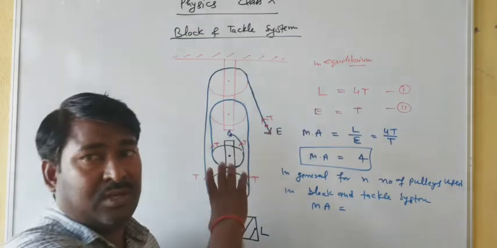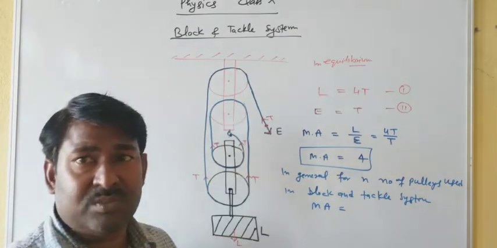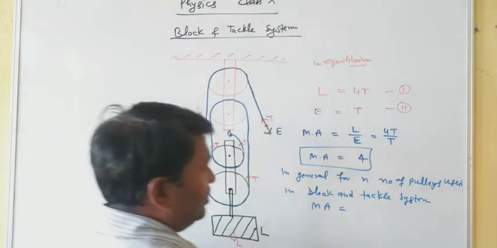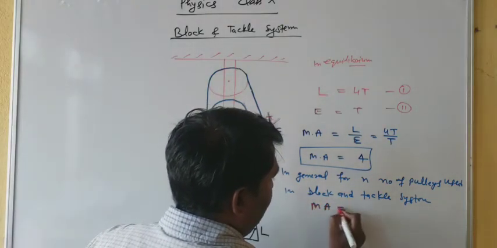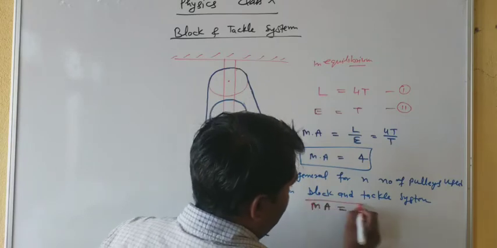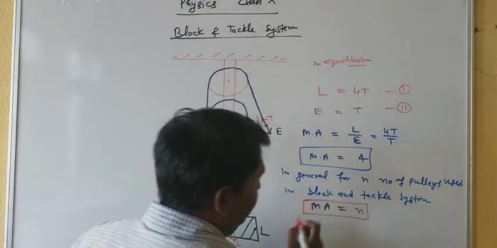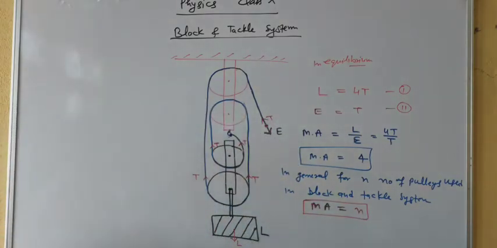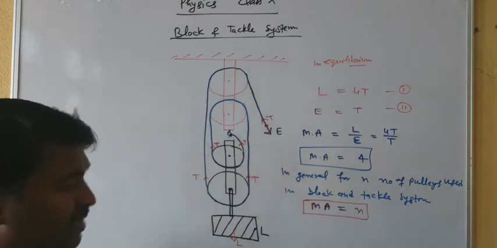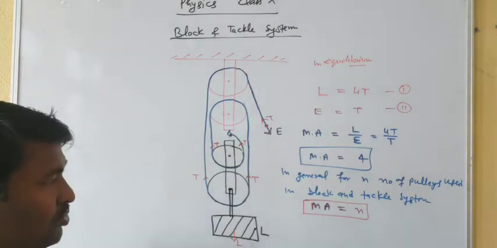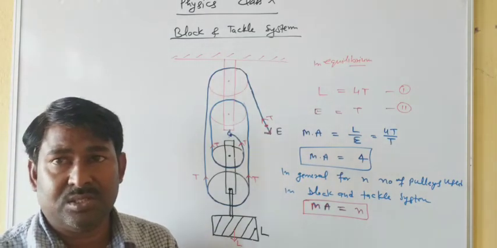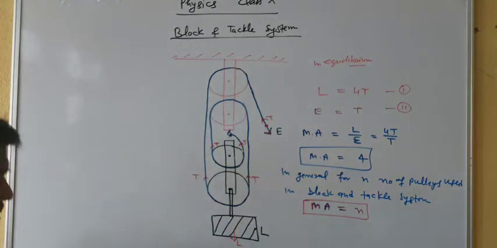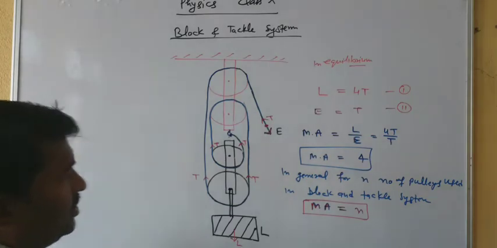So if we use n number of pulleys in the block and tackle system, then its mechanical advantage will be equal to n, that is, equal to the number of pulleys. The mechanical advantage in the block and tackle system is equal to the number of pulleys used in the system.